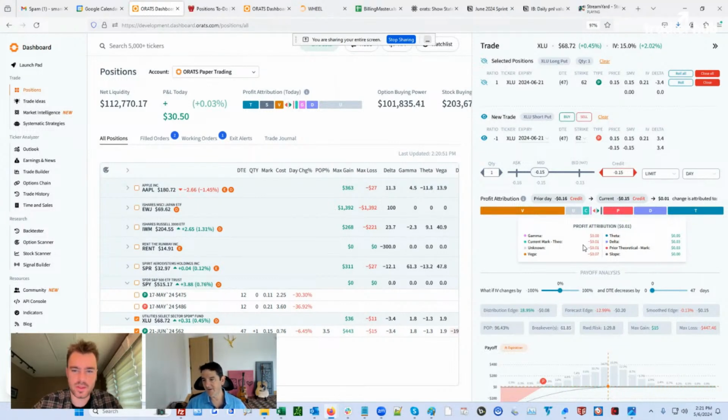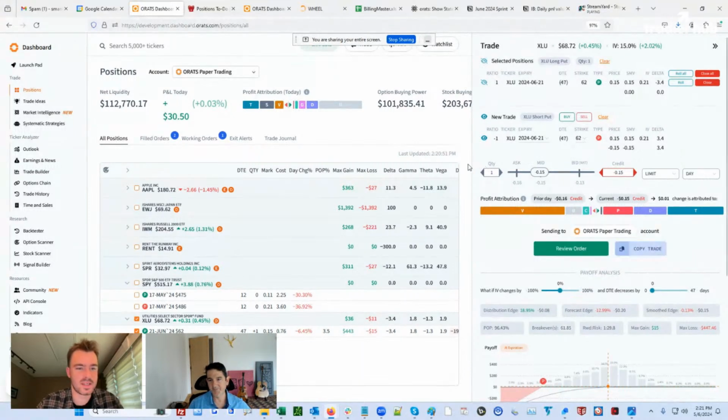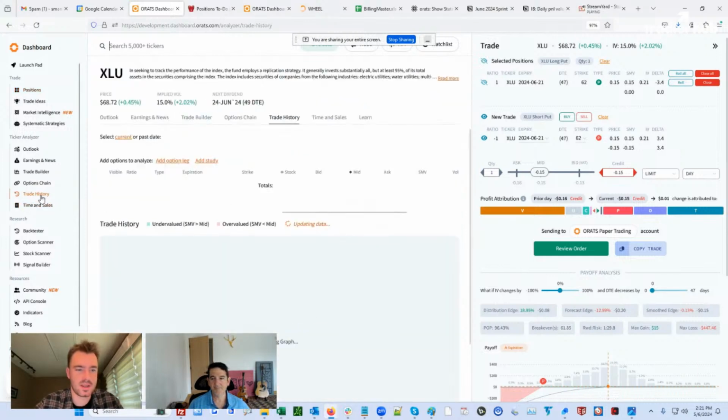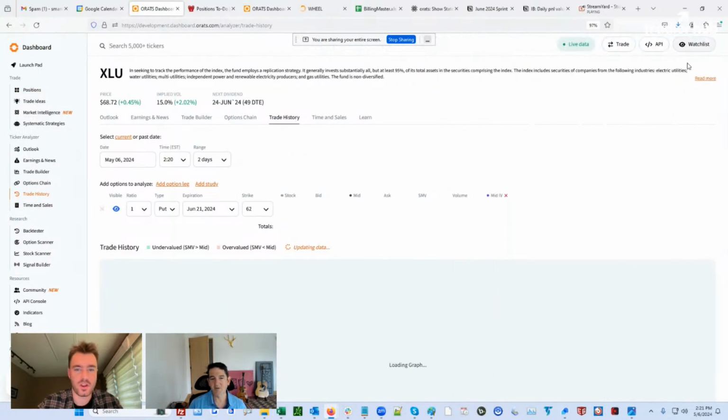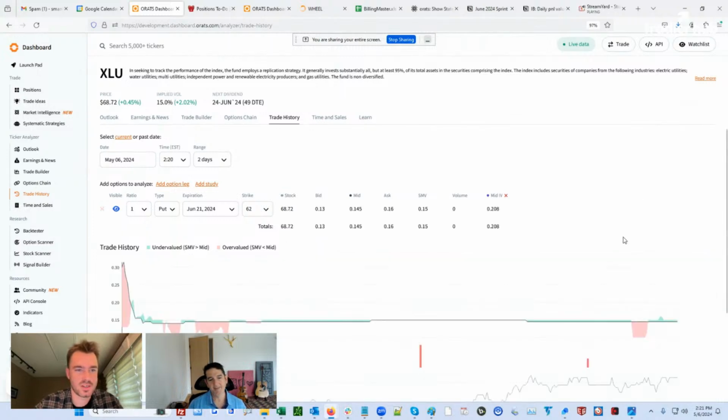One of the cool things here is that if you pull up the trade history, you can see these in more detail. If the profit attribution isn't quite enough, say you want to see another few days or a week more of history, or you want to see a graph of how those have changed, you can see that here. And you can also pull up the different Greeks as well.